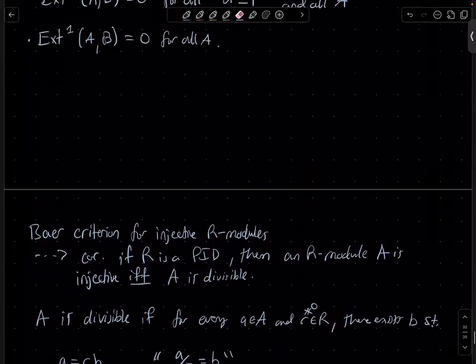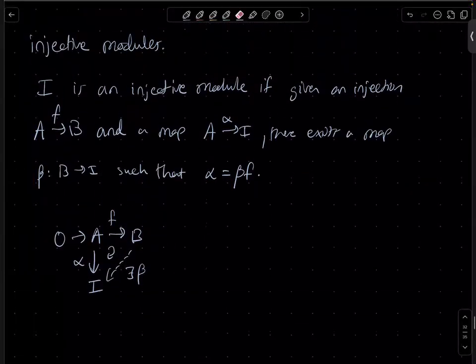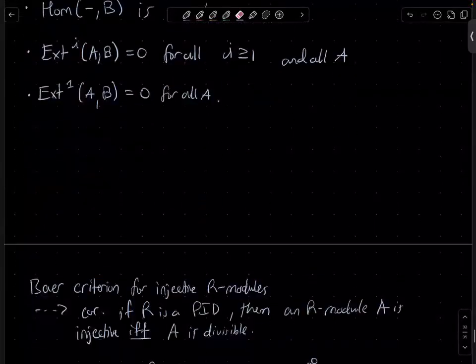Okay. We mentioned that injective modules were dual to projective modules. There is a meaning to this. I've defined injective modules, and this definition you can do in an abelian category. You can talk about injective objects.